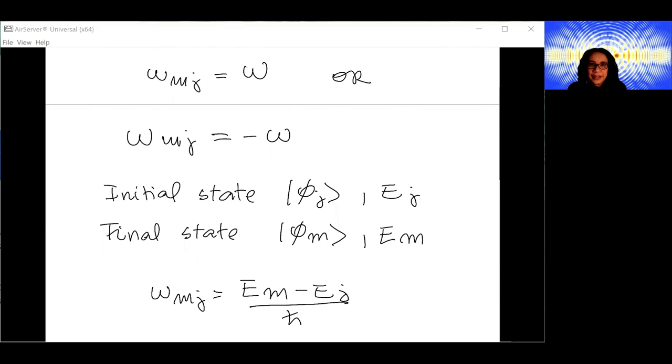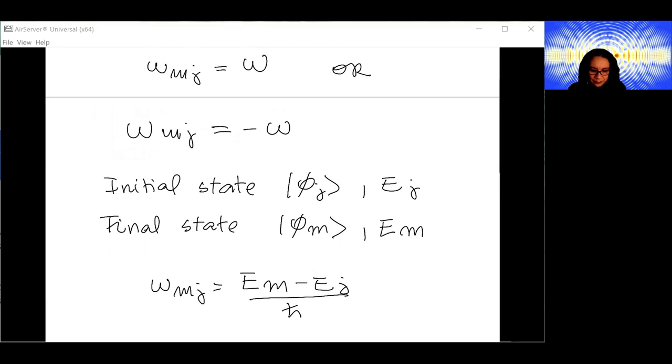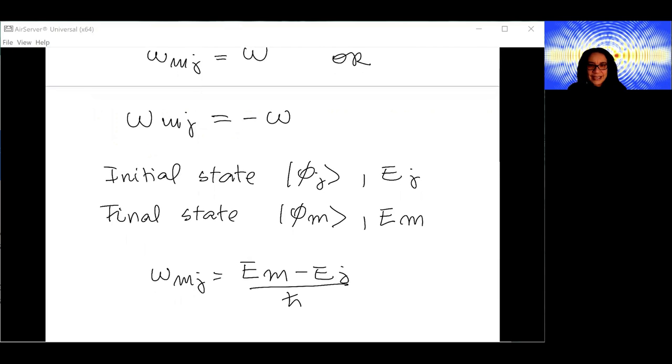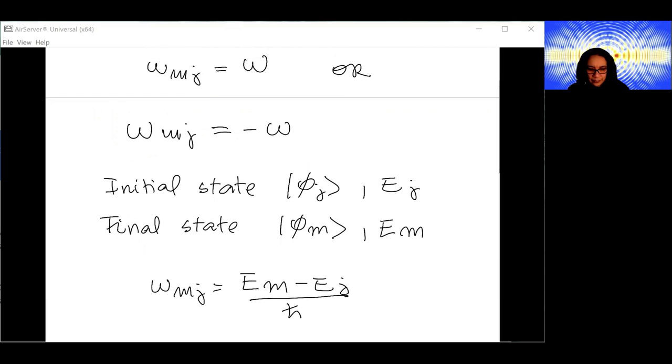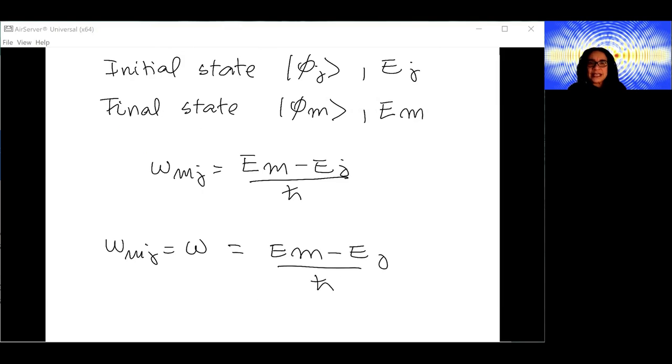So we can see that if omega mj is equal to omega, so let's see the case omega mj equals omega, this means that Em minus Ej divided by h bar is equal to omega.